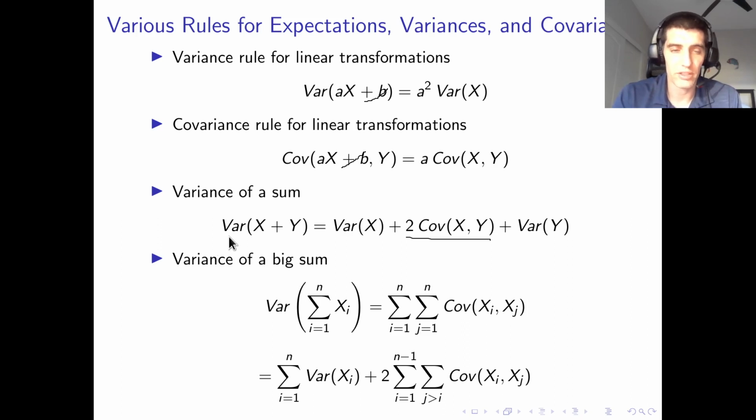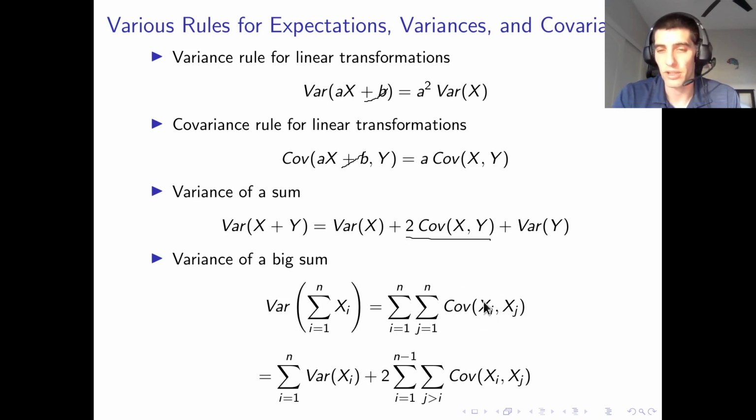With this theme that the variance performs like a quadratic, you can actually compute the variance of a big sum by basically exactly the same thing. You can do this sort of square expansion just like you would if you were working with a square instead of a variance. You take the pairwise covariances between all the random variables.